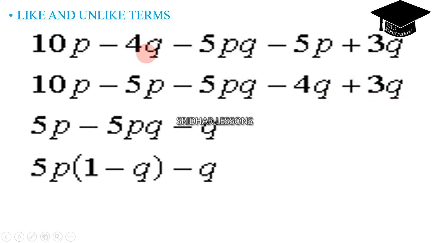That means 10p minus 5p is equal to 5p, and this is minus 5pq, and minus 4q plus 3q is equal to minus q. Therefore, if we take 5p common, we get 5p into (1 minus q). This is how we are going to simplify the expressions.